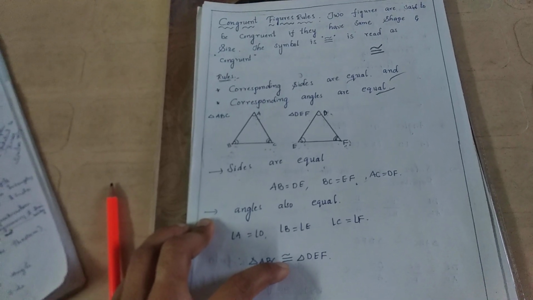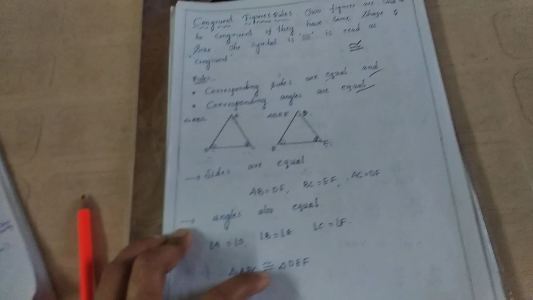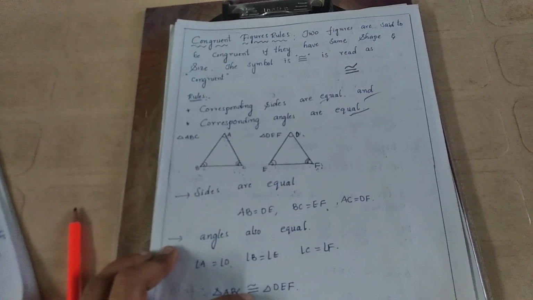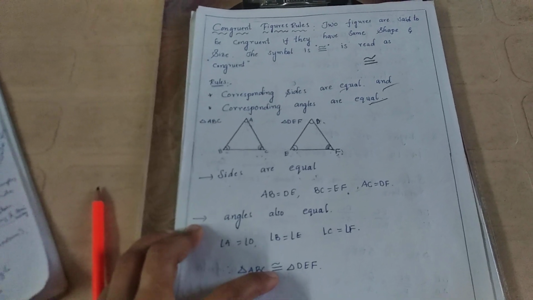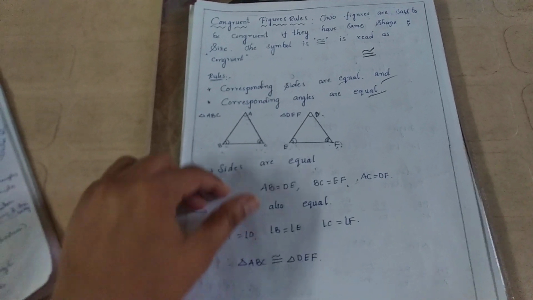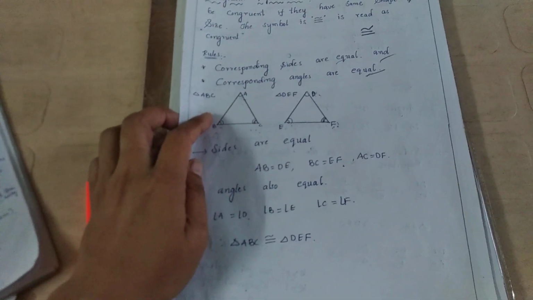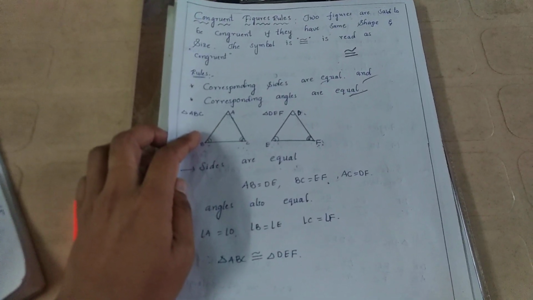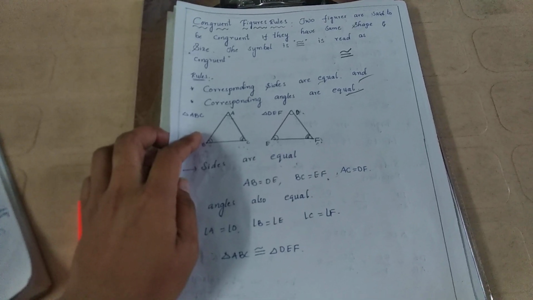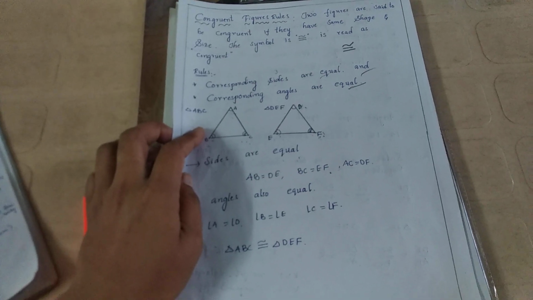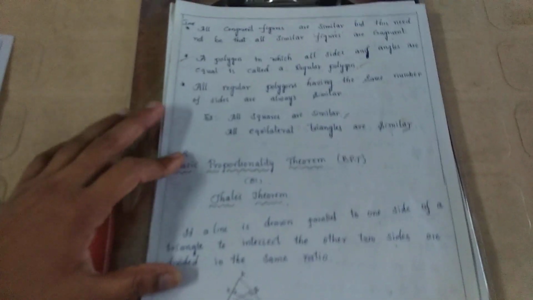In congruent figures, the rule is corresponding sides are equal and corresponding angles are also equal. That is the difference between similar figures and congruent figures. Okay children, did you understand? In this similar triangles chapter, everything is based on the similarity and congruency concepts.